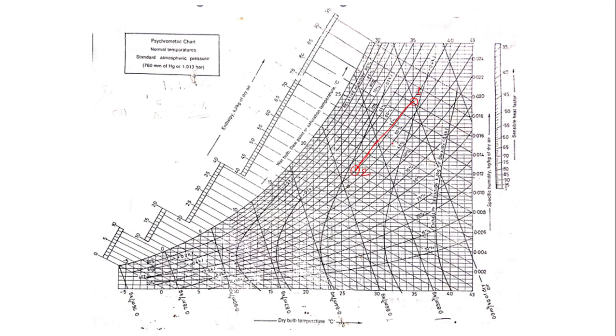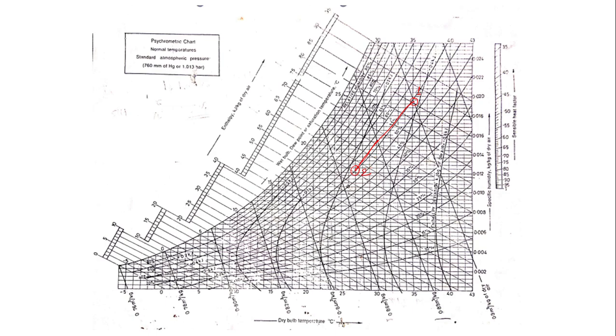Fine. Now we know that the outside air is directly added to the room air. So the outside air is at point number 1, or state number 1, which is added to the room, which is at state number 2. Between this 1 to 2, what amount of sensible heat is added and what amount of latent heat is added, that is the infiltration sensible heat and infiltration latent heat.